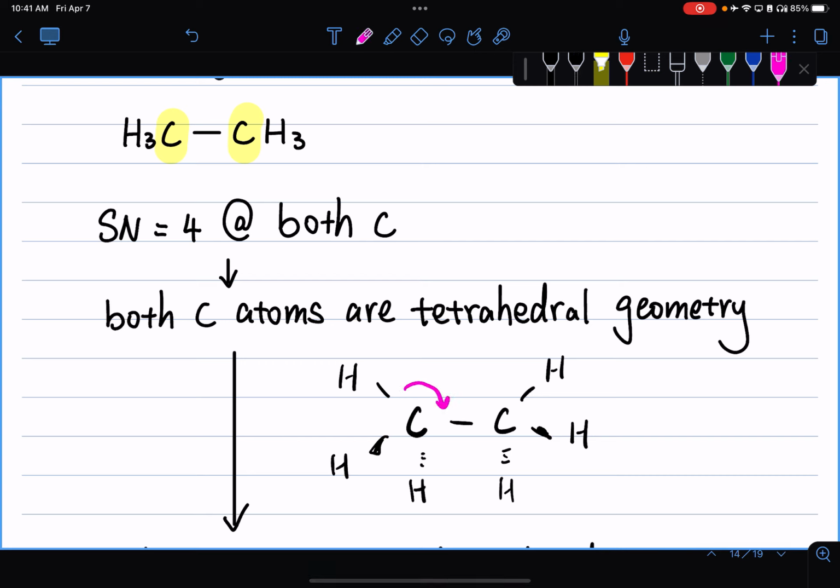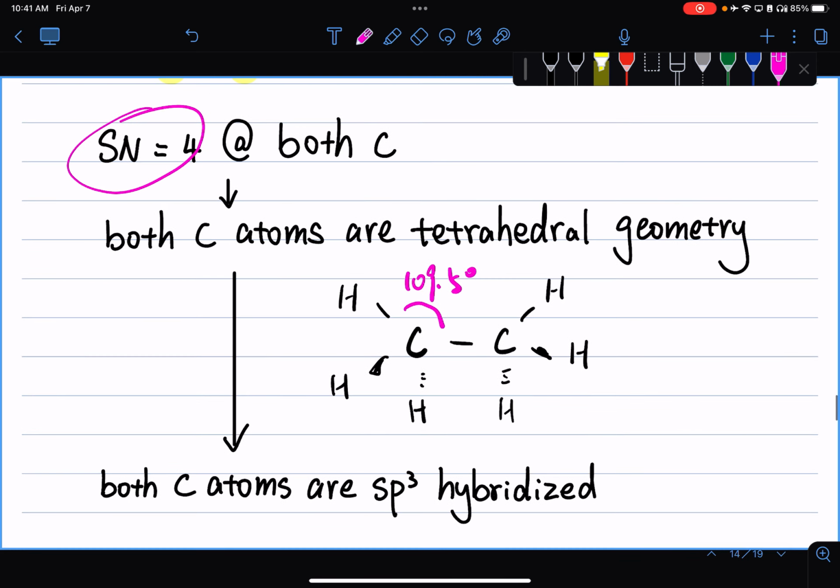And the bond angle here will be around 109.5 degrees for a tetrahedral geometry. So because the steric number equals 4, what we can derive is that both carbon atoms are sp3 hybridized. That sp3 orbital comes from one s atomic orbital mixing with 3 p atomic orbitals.